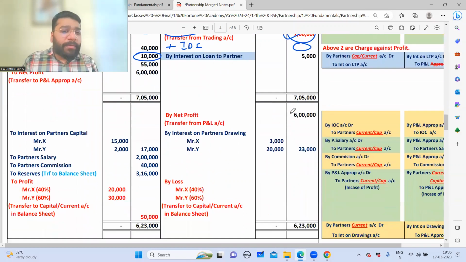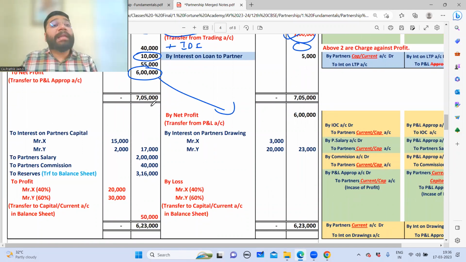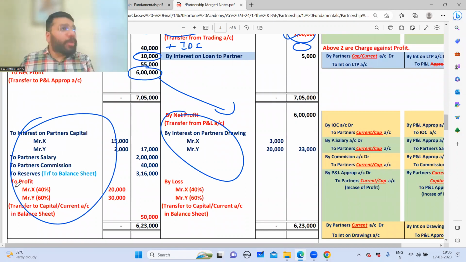Now there are certain items. The profit you get from the P&L account, you'll transfer to the P&L appropriation account, and here you'll capture some items. The rule here is that, for example, salary given to the partner is given only if there is a profit. If there is a loss, no salary.